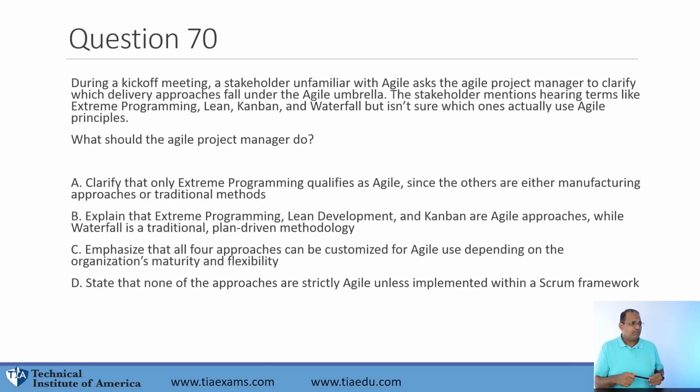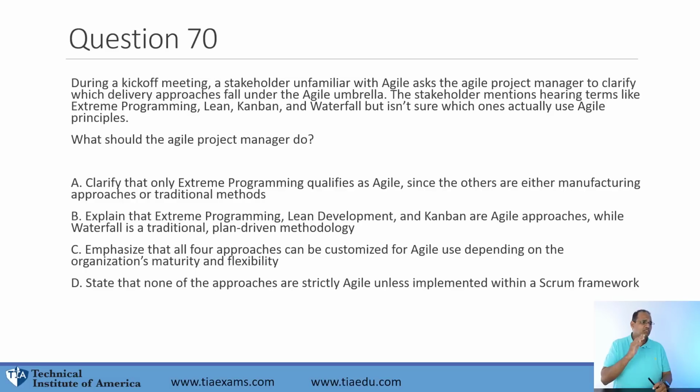Question. During a kickoff meeting, a stakeholder unfamiliar with Agile asks the Agile project manager to clarify which delivery approaches fall under the Agile umbrella. The stakeholder mentions terms like extreme programming, lean, Kanban, and waterfall, but isn't sure which ones use Agile. What should the PM do?